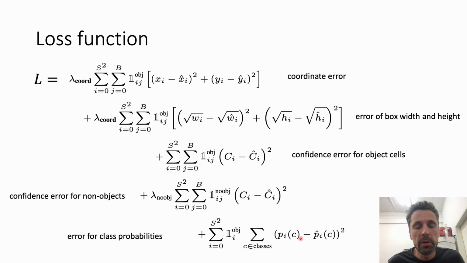So the labels here will be a 1 hot encoded vector. So all classes are 0 except that one class that this box was labeled with, and the p hat here is the vector of predicted class probabilities. And then this total loss is then minimized in training.